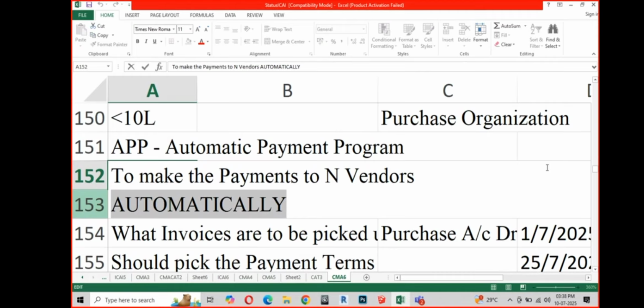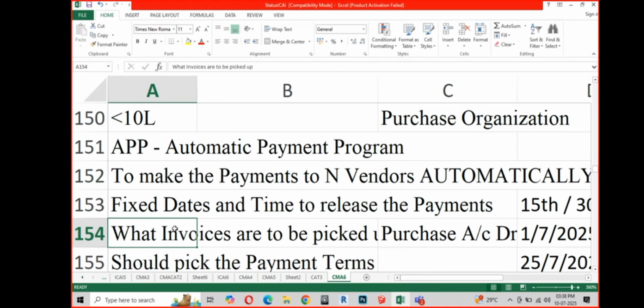So what should the program do? The program should pick up the invoices which are to be paid. They should not be overdue, because once you make a late payment, your vendor may post some penalty, and you need to pay some interest.